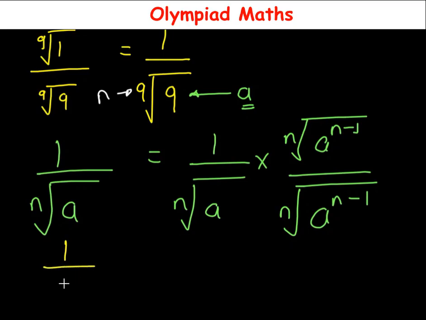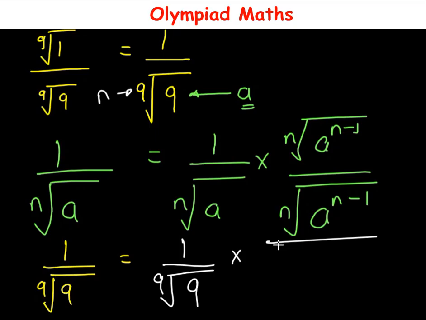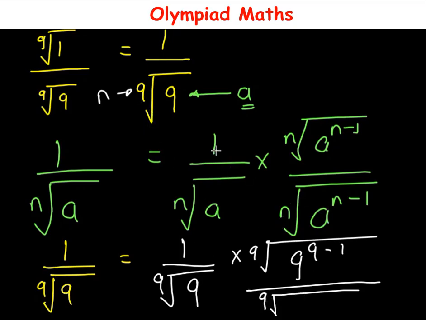So 1 over the 9th root of 9 is equal to, following this rule, n is 9, a is 9, so 9 times the 9th root of 9 raised to power n minus 1, which is 9 minus 1, over the 9th root of 9 raised to power 9 minus 1.